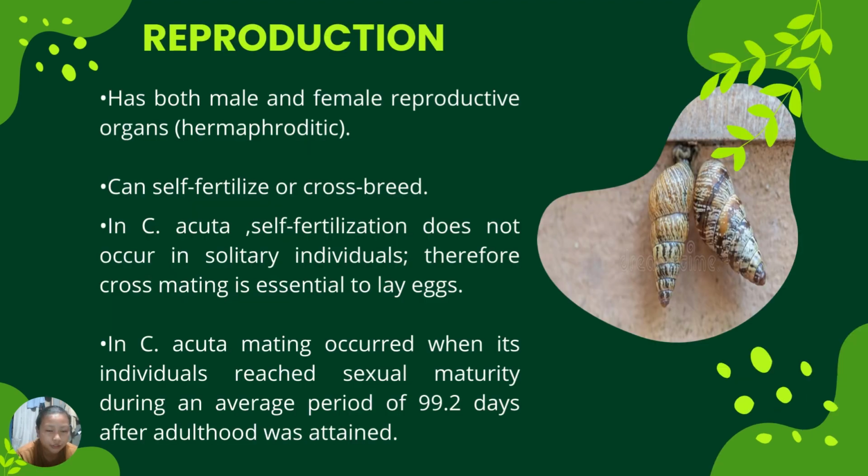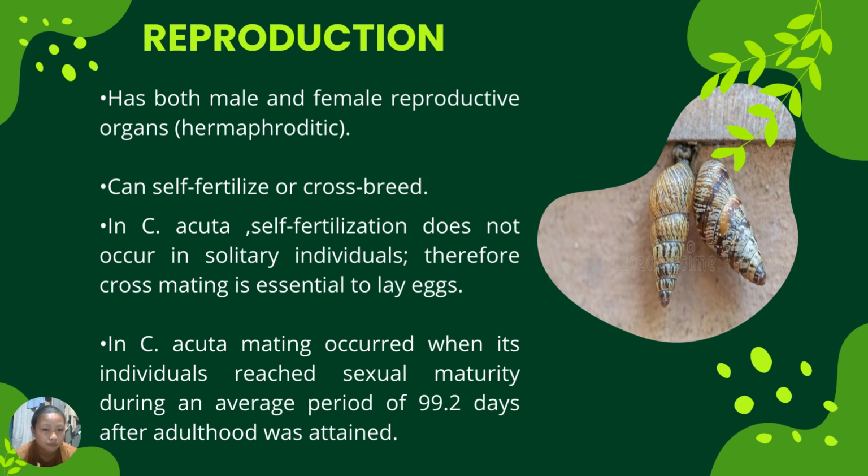So reproduction is the process of producing an individual or offspring through mating. Cochlicella acuta has both male and female reproductive organs, so they are hermaphroditic. Earlier I showed you the snail body parts, where the snail contains both vagina and penis. This explains why they are hermaphroditic.